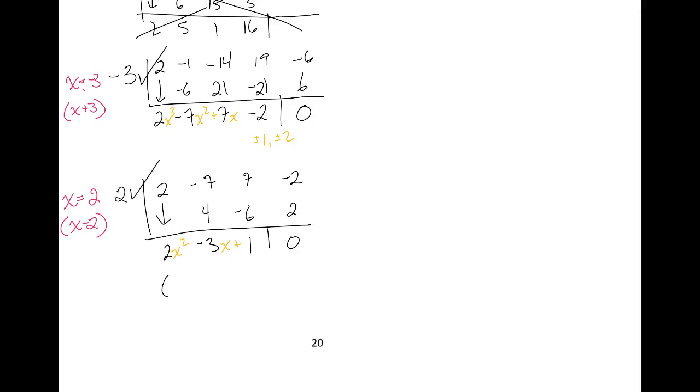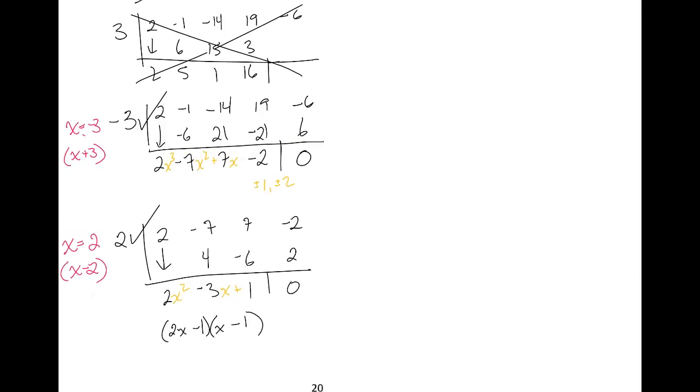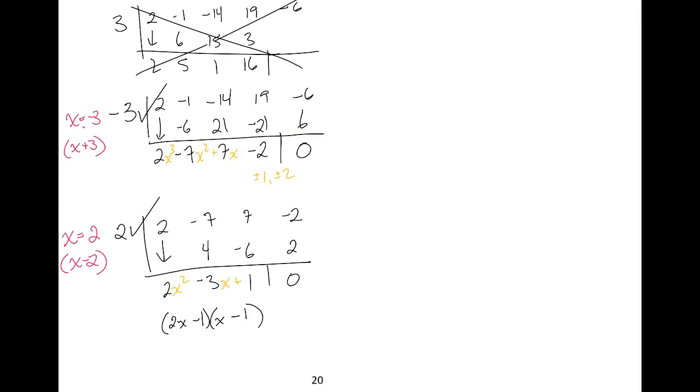This would factor to be 2x minus 1 times x minus 1, meaning that all my zeros altogether are negative 3, positive 2, positive 1/2, and positive 1.